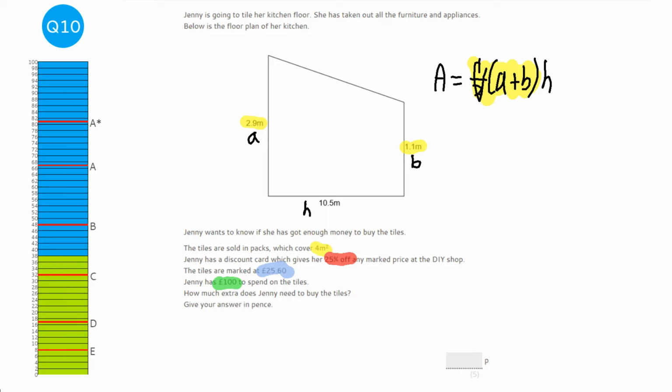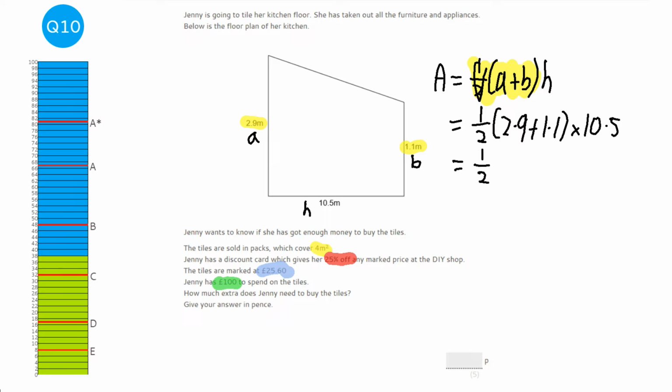What number is halfway between 2.9 and 1.1? A lot of you will be able to work that out, but let's follow the formula. So half, and we're doing 2.9 plus 1.1, and then we're timesing it by 10.5.